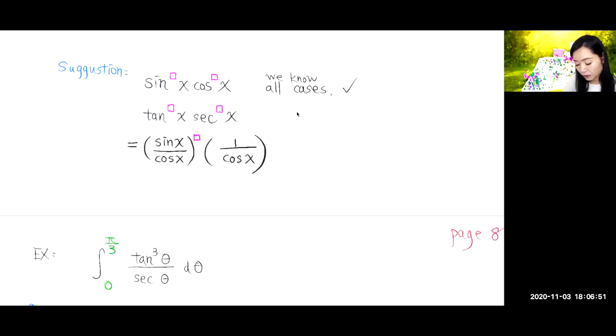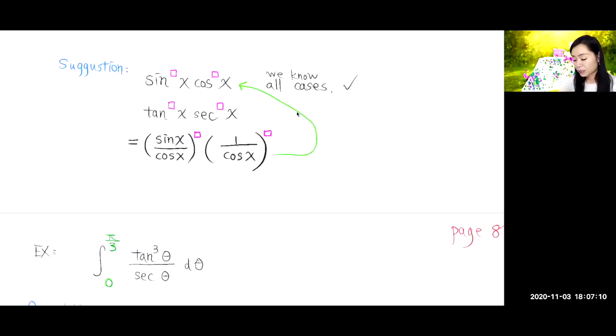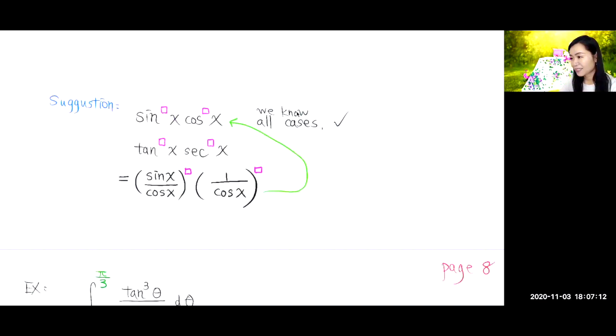So you can rewrite them this way. By doing this, it's going to relate back to sine x cosine x.